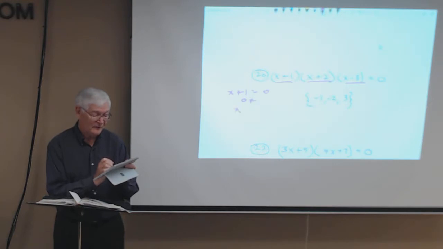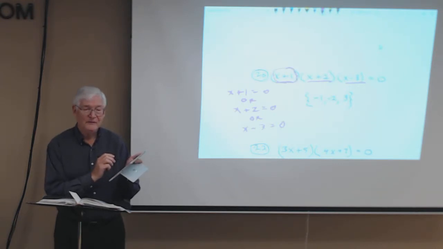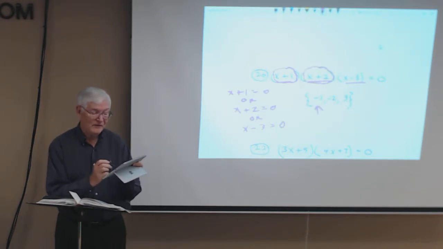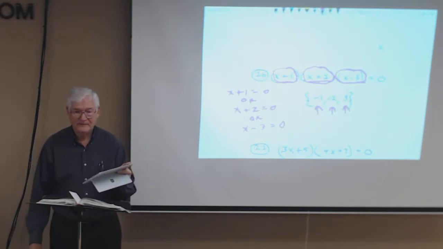X plus 2 is 0, or what? X minus 3 is 0. And what would it take to zero this out? What would x have to be to turn that into a 0? So there's the first one. What would x have to be to turn that one into a 0? There's the second one. What would x have to be to turn that into a 0? There's the third one. So now I have 3 solutions that would work.